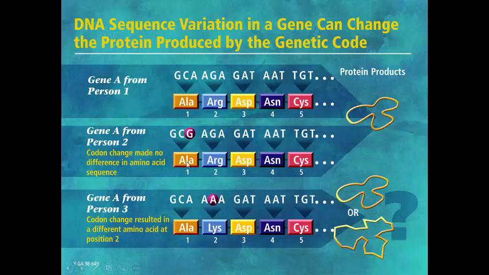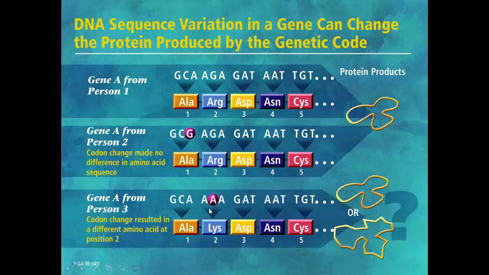So it's called a synonymous single nucleotide variant, meaning it codes for the same amino acid. And that's possible because we have a degenerate amino acid code. We can have different codons that specify or code for the same amino acid. If I move to the second codon, in person 1, it's AGA. Let's move down to person 3, it's AAA.